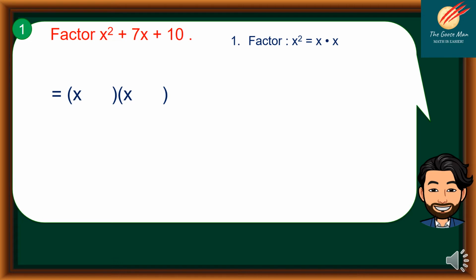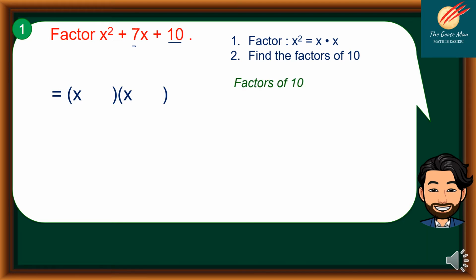Then the second step is to look for the factors of 10 such that the sum is equal to 7. The constant is 10, so this is the product, and 7 is your sum.